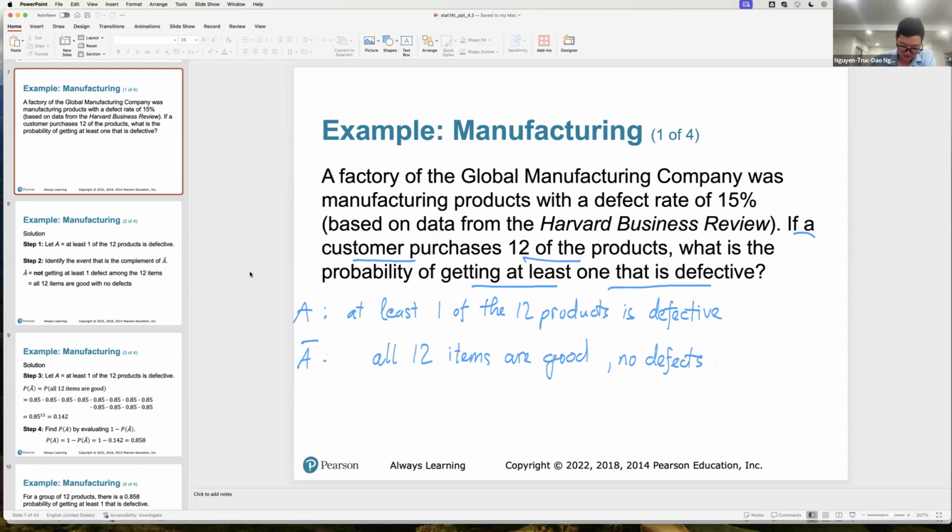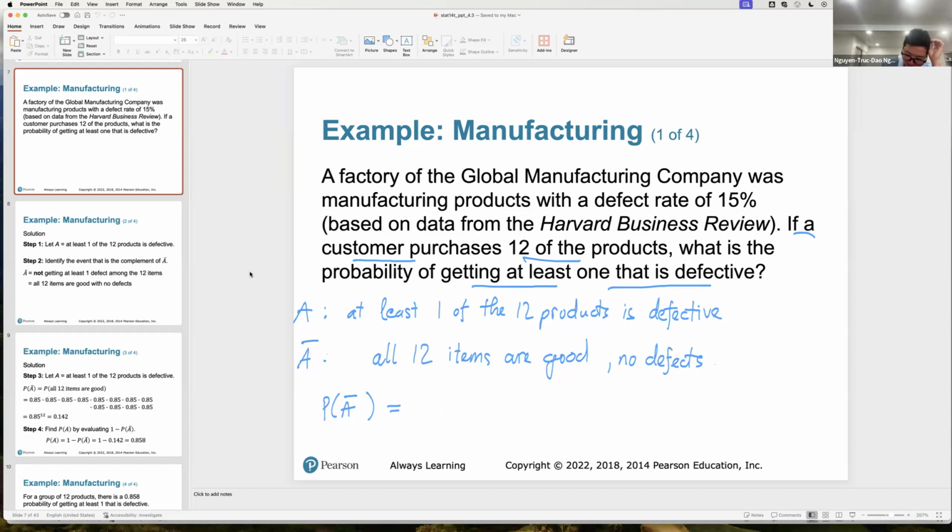If you want to find the probability of A bar, it's the probability that all 12 items are good. Do you agree with me? So the probability of having 12 items that are good, you can use the multiplication rule here.